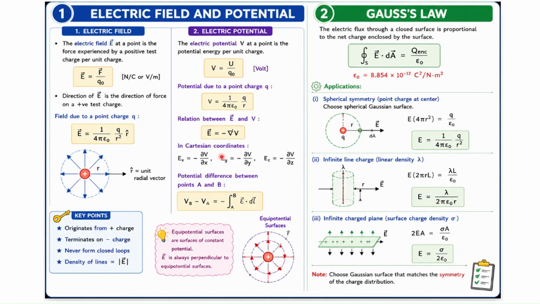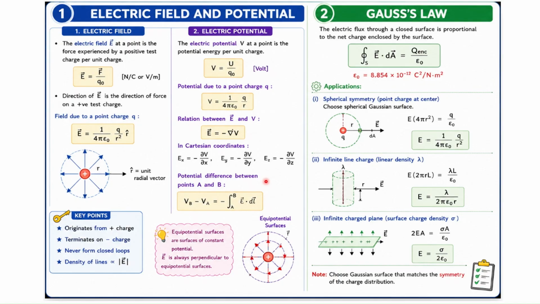The negative sign here is highly profound. Why? Because it tells us that electric field lines always point in the direction of decreasing electric potential. Take note of this.